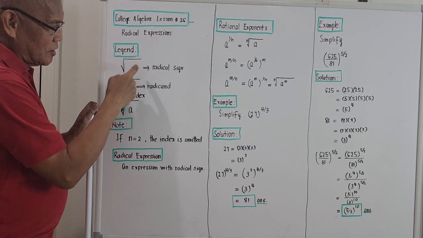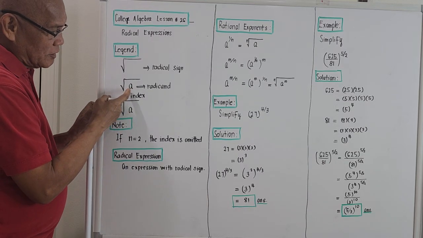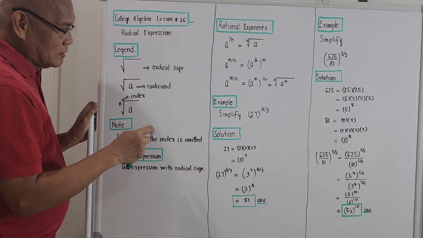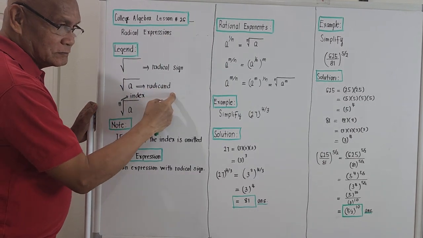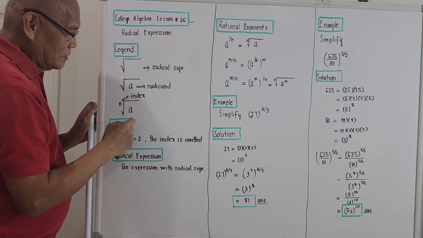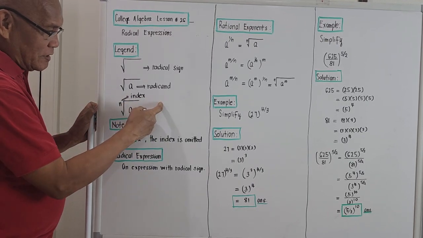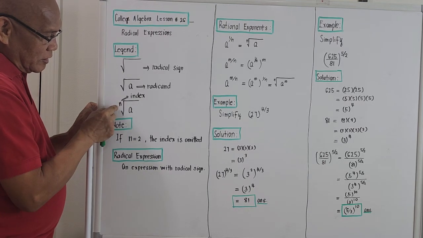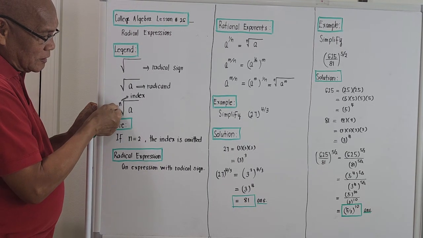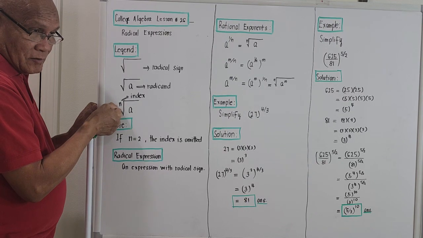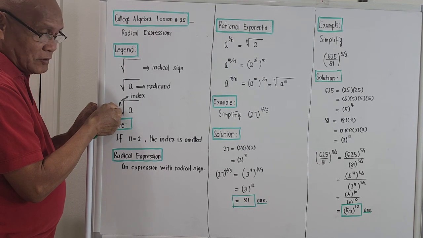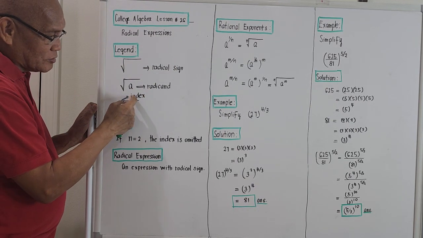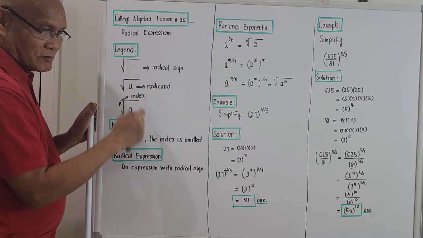We got a radical sign and we place a number a inside. The real number inside is the so-called radicand. And on this portion here, we got a designation, small letter n, and we call this small letter n the so-called index number, or just simply index.